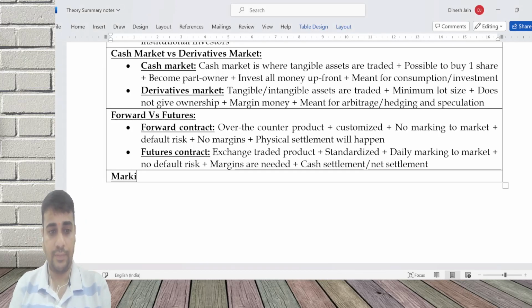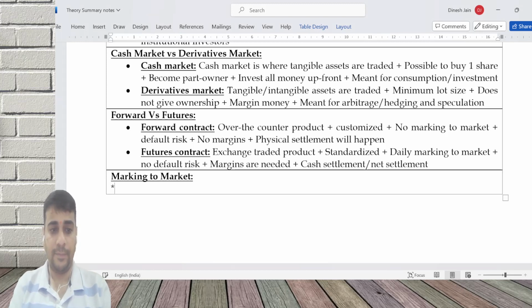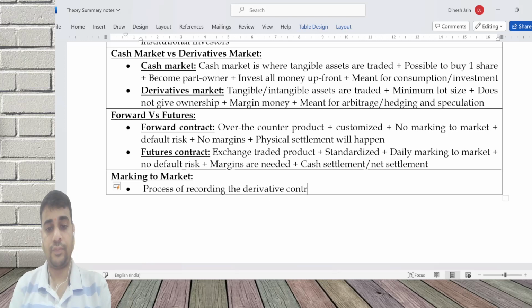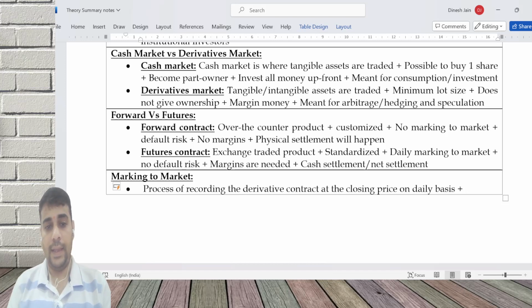Marking to market: the process of recording the futures contract or the derivative contract at the closing price on a daily basis.